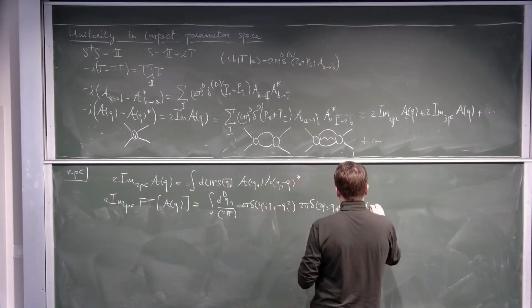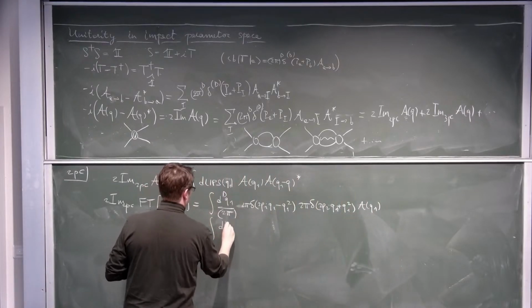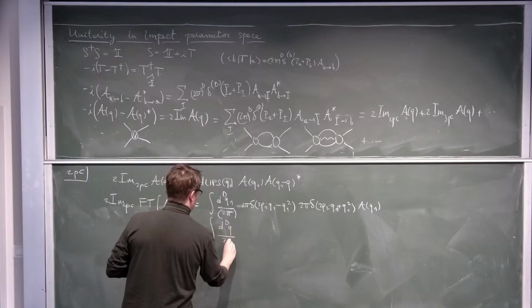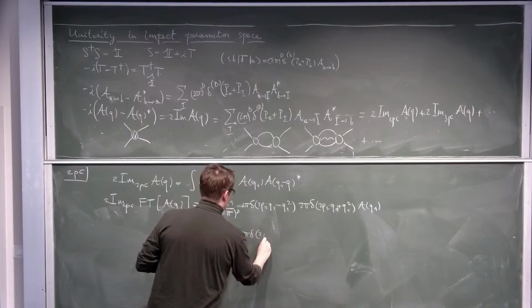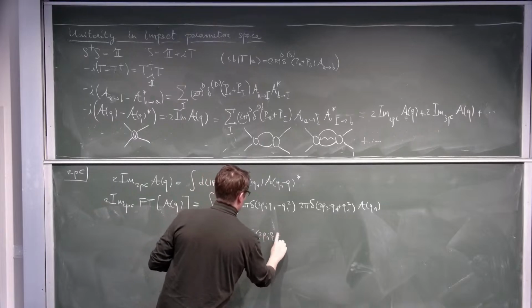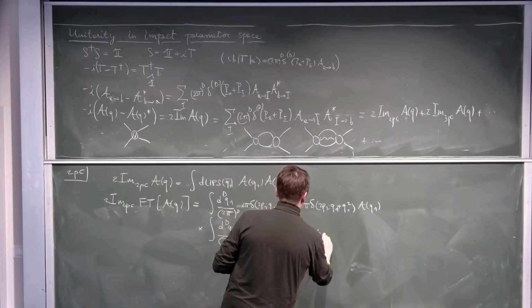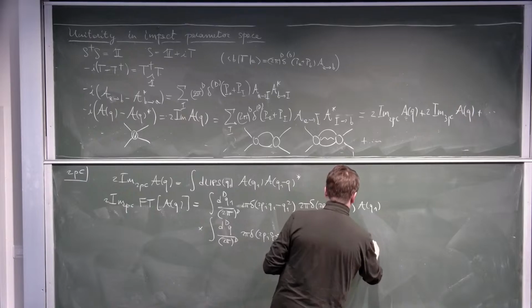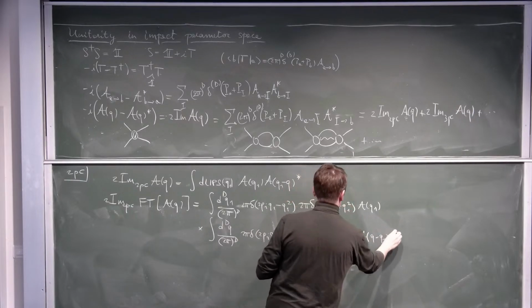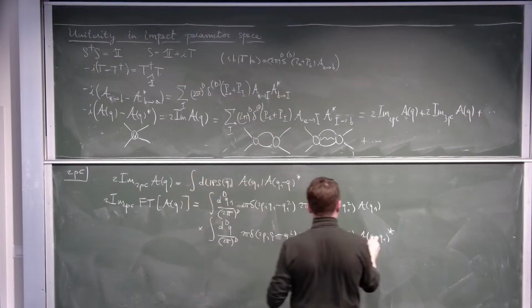Times K of Q1 minus Q squared plus Q squared A of Q minus Q1 star, times.